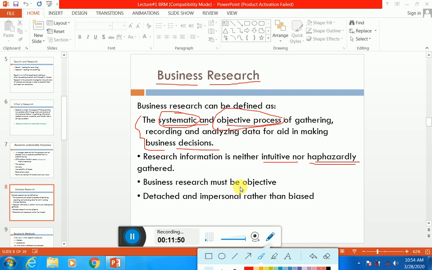Business research must be objective. As I told you, when we are performing a task or activity, regarding each activity we have some aims. Without aims we can't do anything. Like for example, let's suppose we are sitting in a car and we say to the driver, let's move. Definitely the driver will say to you, Mr.